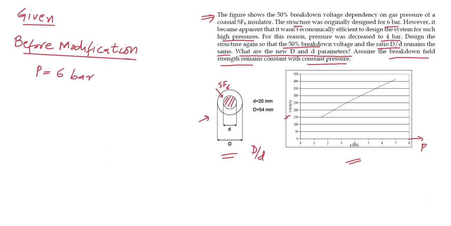That's our operating pressure, and we have 50% breakdown voltage U50 at 6 bar. We have a certain value, and we have certain values of capital D by small d.